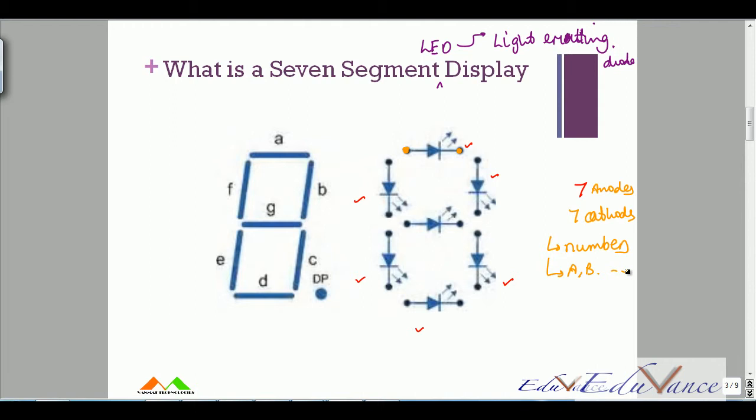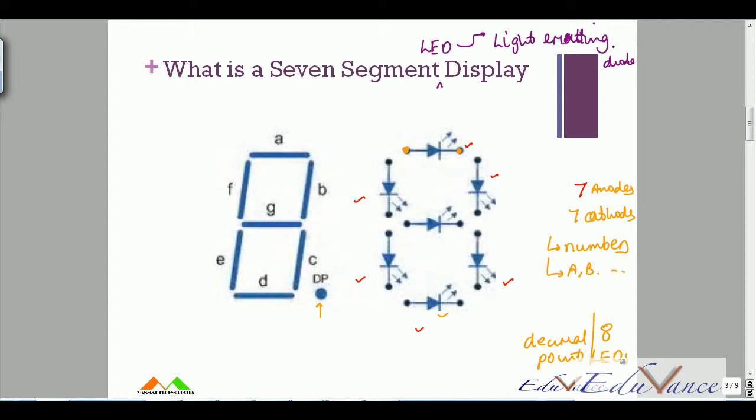Since we are also using this to display numbers, a practical 7-segment LED display has something called a DP or a decimal point, which is also an LED. So although it is called a 7-segment display, in actuality we have 8 LEDs. Please make a note, we have 8 LEDs.